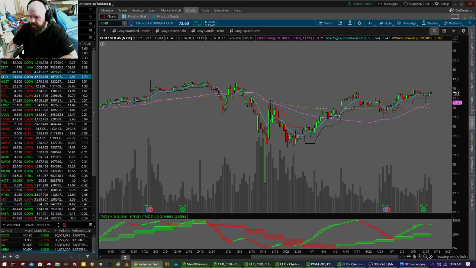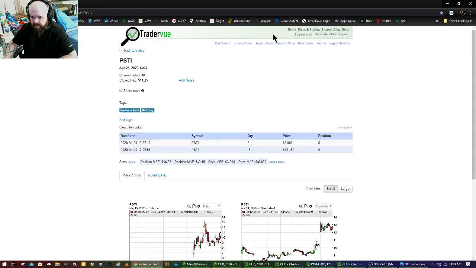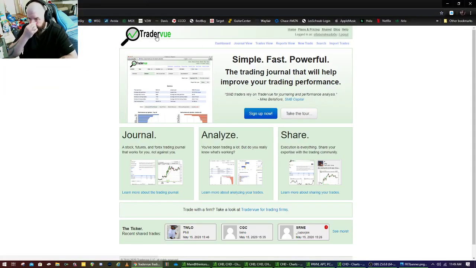You can do it with paper and pen, but you can also use TraderView. You can open up a free account where you can upload up to, I think, 100 trades a month or something like that. If you're swing trading, that's easy without going over 100 trades a month.